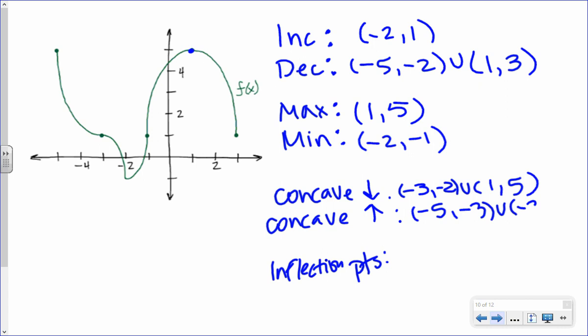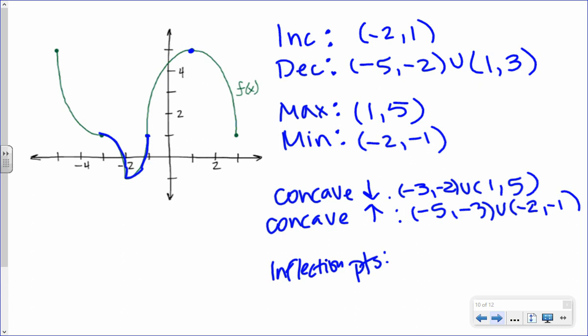Okay, so this is kind of funky, right? So we're concave down here, right? But then it kind of cups up right here. So -2, I would say -2 to -1, because then here at -1 we switch there.